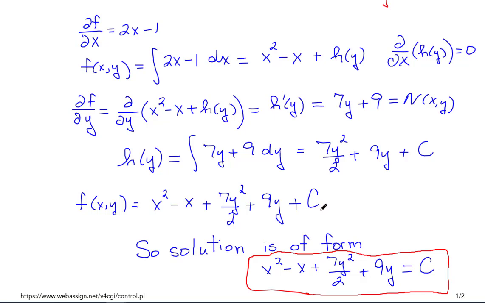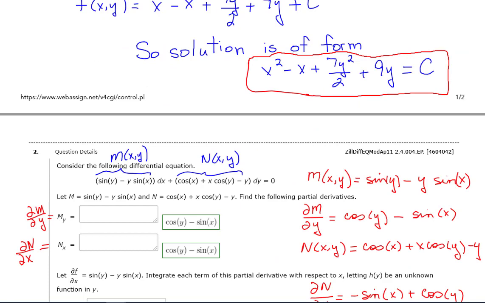So our solution is of the format when this item is equal to a constant, or x squared plus x plus 7y squared over 2 plus 9y is equal to some constant. And that constant would be determined if we had an initial condition.